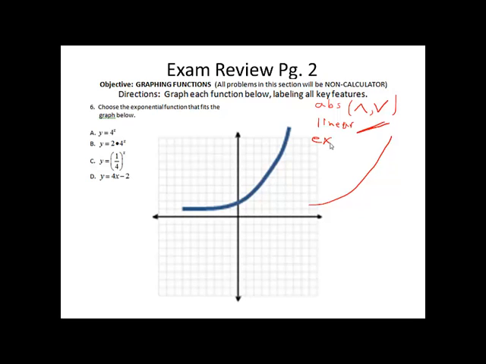An exponential is this curve. Now that curve can either go increasing or it can decrease. Put arrows on all my lines. Okay, so we're looking at an exponential function.